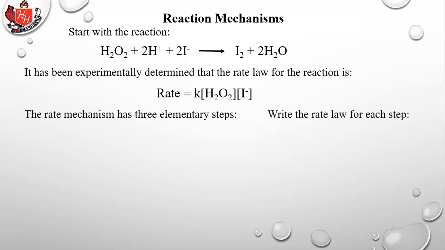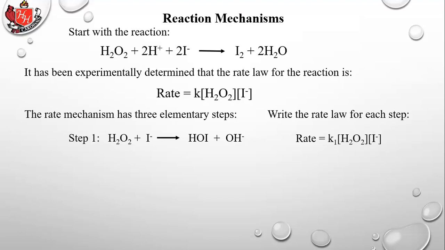So the first elementary step is H2O2 plus one of the I minuses, because you have two of them, which produces HOI plus OH-, hydroxide. Now you see that the rate on the right is k1, the rate constant for step 1, times the concentration of H2O2 times the concentration of I-.